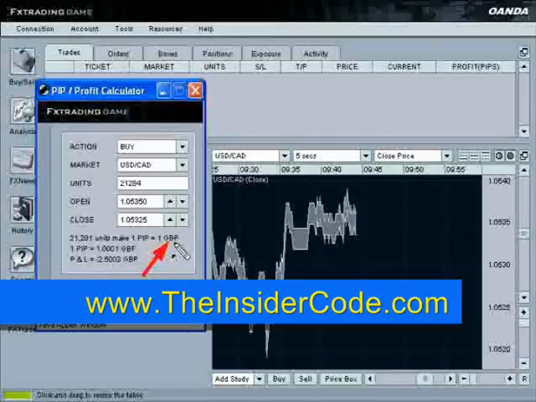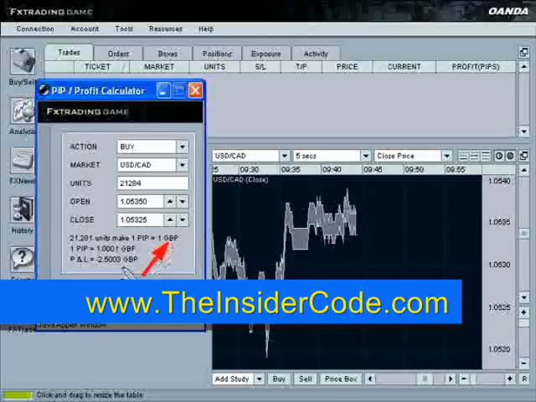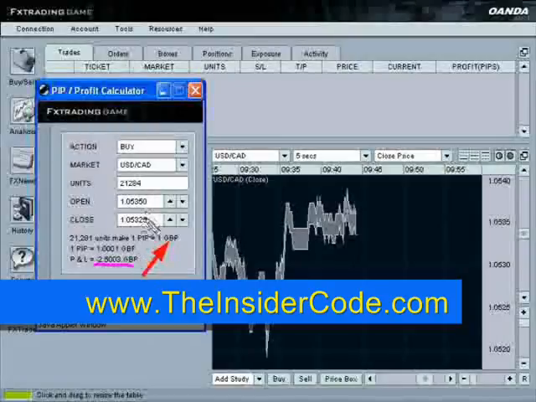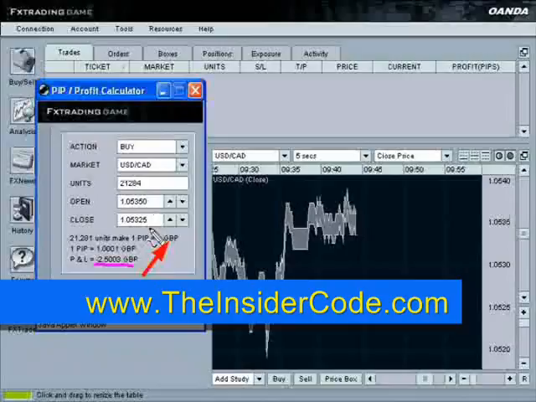Okay, so you can see here that I've got my account in British pounds. That's why it doesn't come out exactly to what you would expect over here with losing 25 pips. It's only because you're transferring from Canadian dollars to US dollars, then to British pounds.